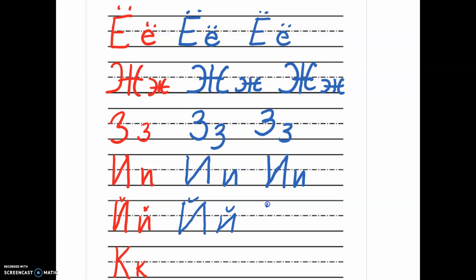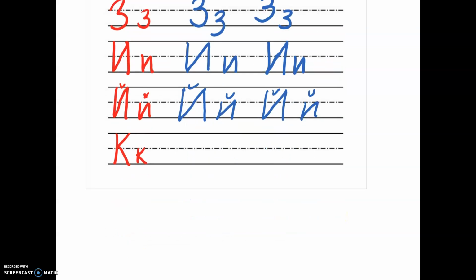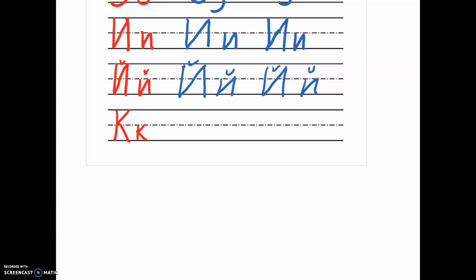So here again, we want down, little curve. Down, up, down, little curve. It's okay if it's a little more Czech-like than you-like, but you do need that there. It is a different letter from the letter E, so it's important that you note this.